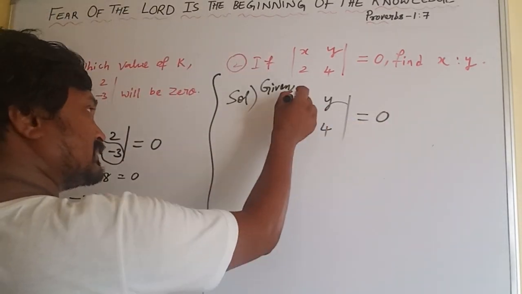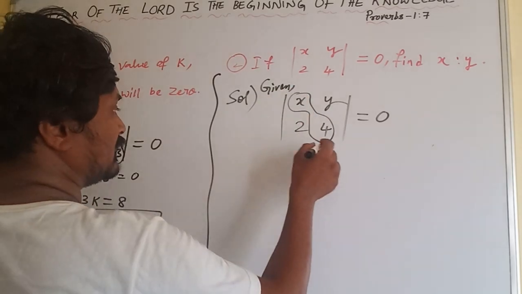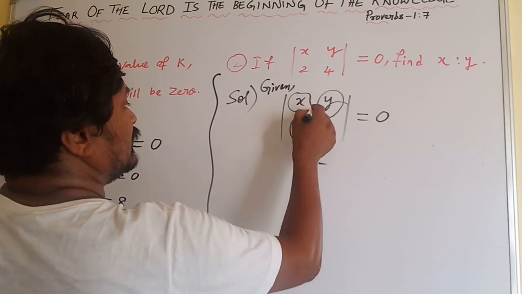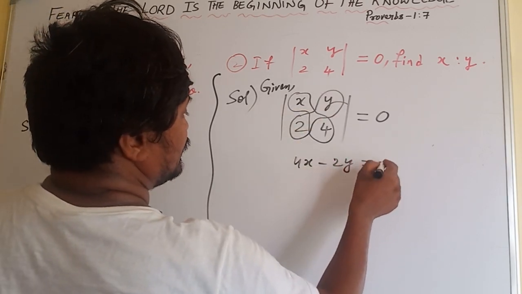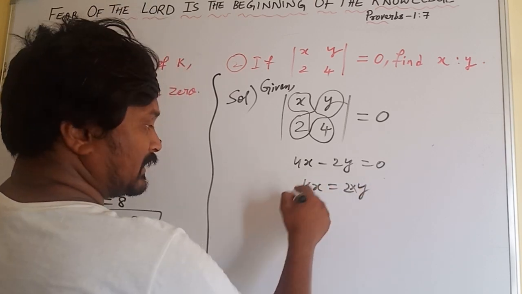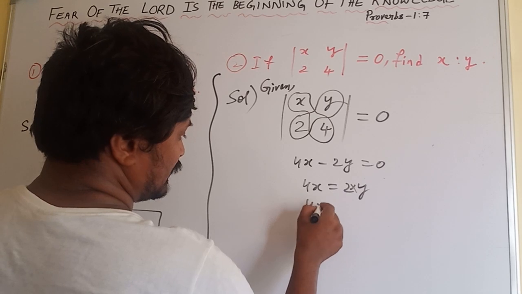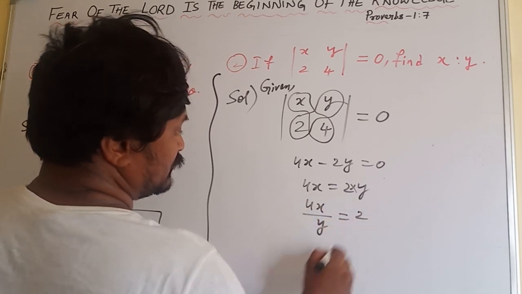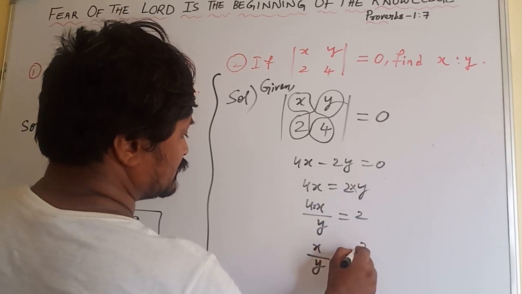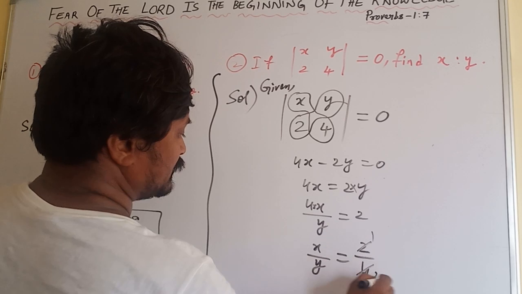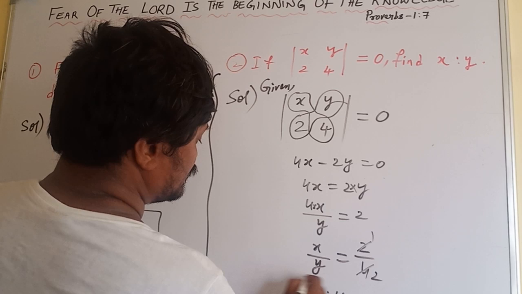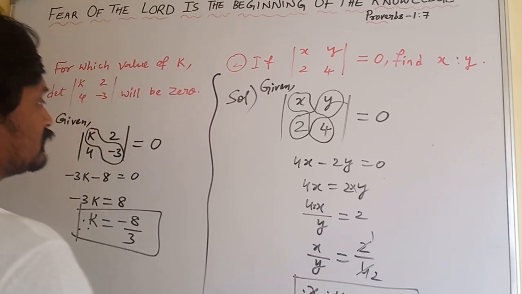Again the same method, apply the multiplication formula: 4 into x, 4x, minus 2 into y, 2y is equal to 0. 4x is equal to 2y, and here y is multiplying, so it comes to division, so 4x upon y is equal to 2, and here 4 is multiplying, go to that side as division, so x upon y is equal to 2 upon 4, 1s are 2s are. So now x is to y is equal to 1 is to 2. So this is your ratio.